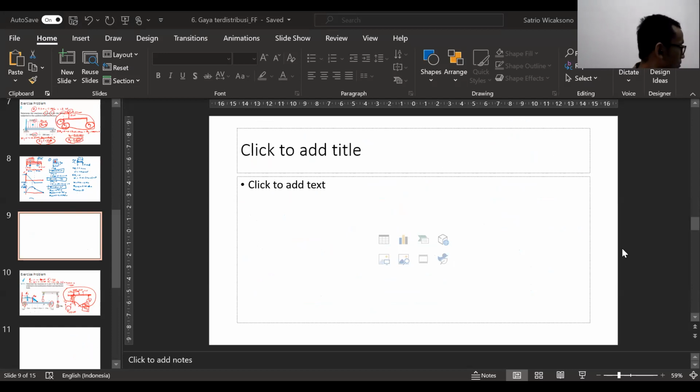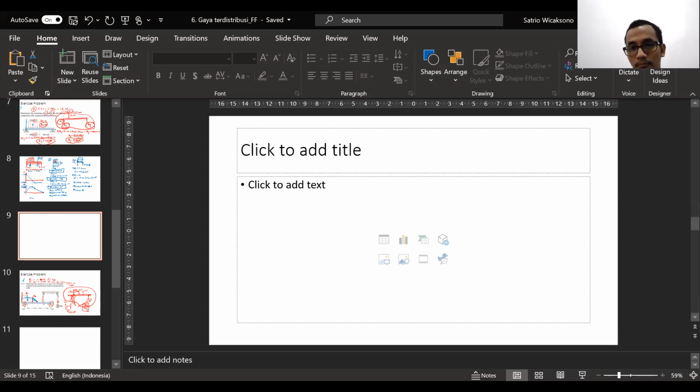Okay, it won't be that hard if you want to make it triangular.